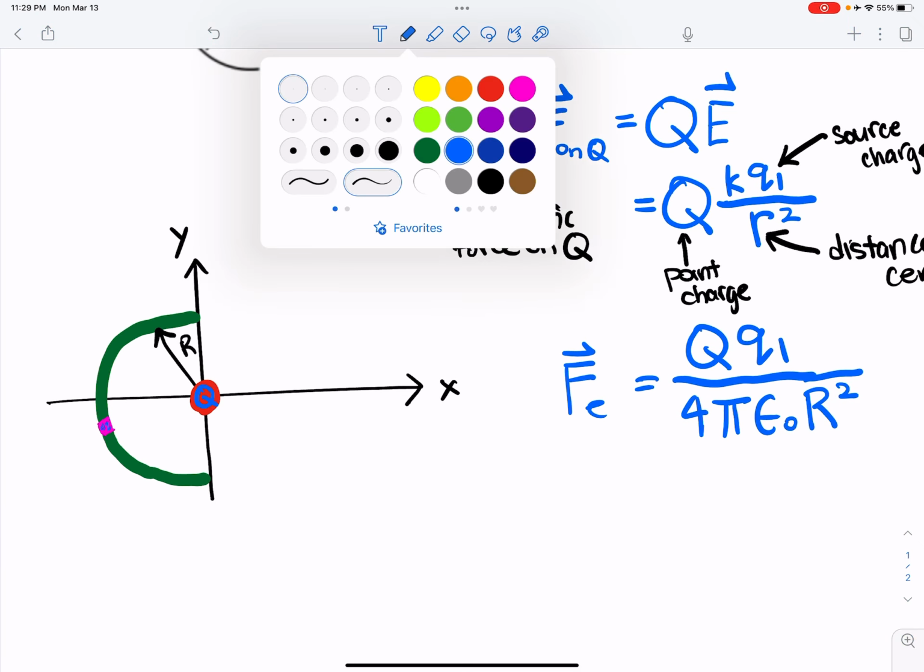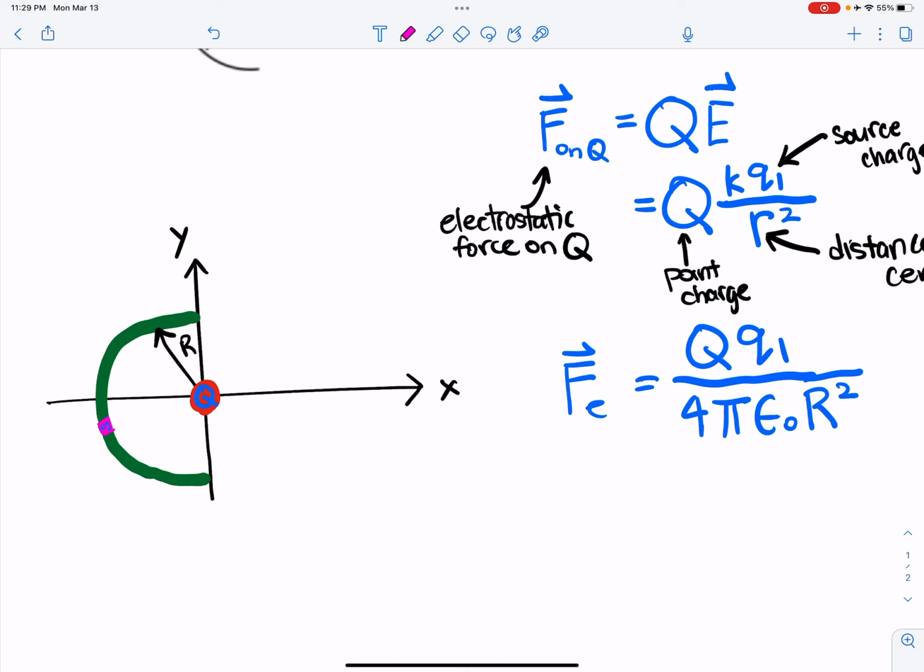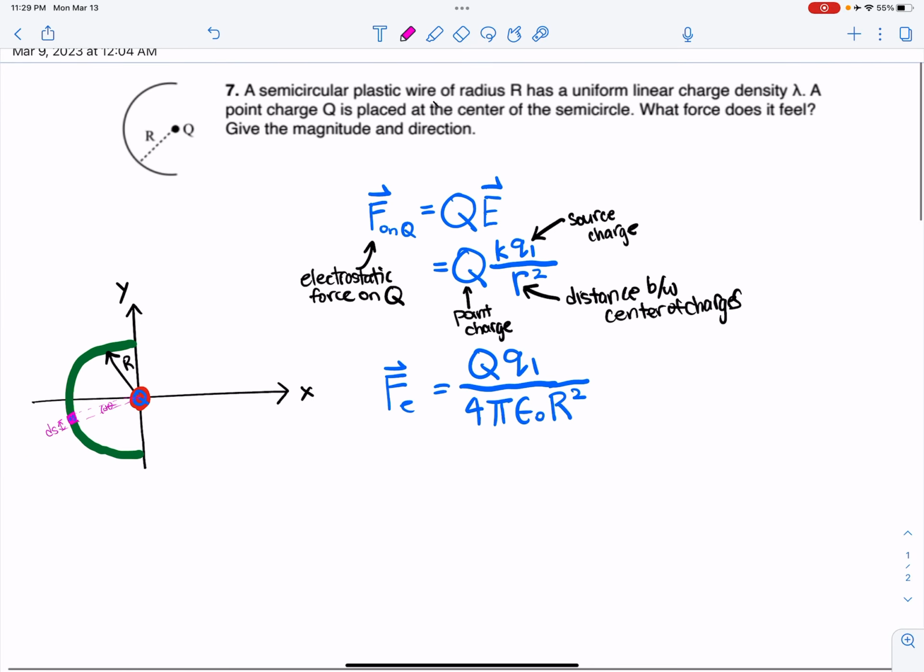And dQ has a certain length right here, an arc length of ds, and that is a certain d theta. That has a certain angle for that small segment of arc length. Let me just make this clearer that that's going to the origin.